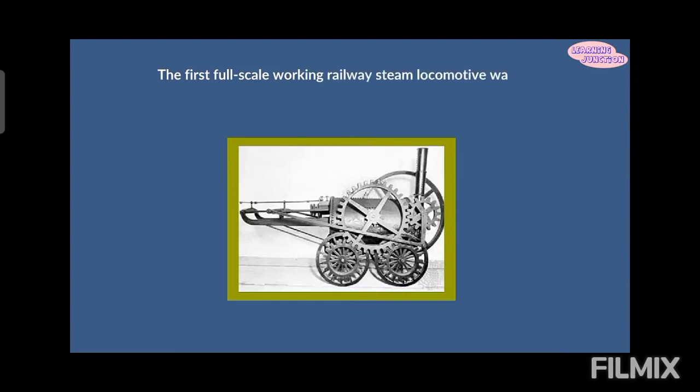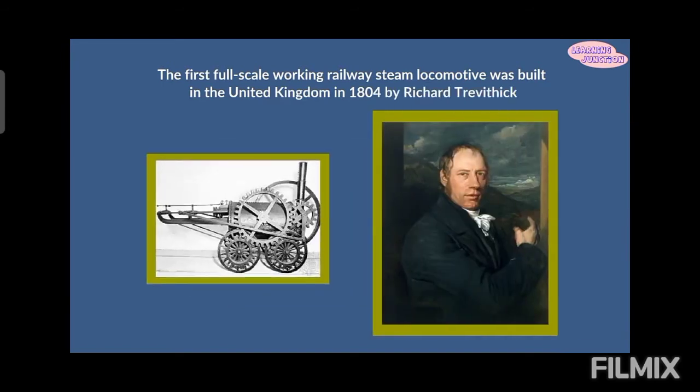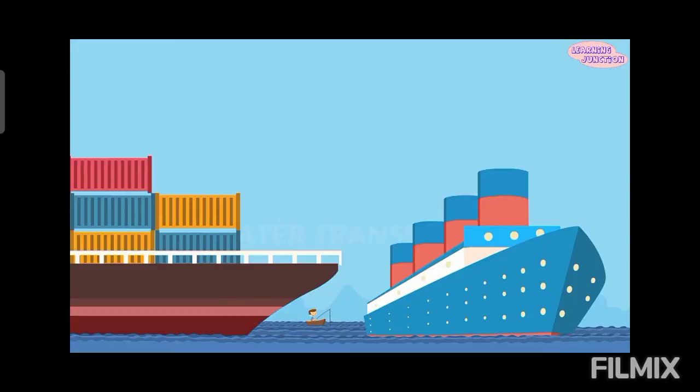The first full-scale working railway steam locomotive was built in the United Kingdom in 1804. The fast moving train was invented in the United Kingdom by Richard Trevithick.